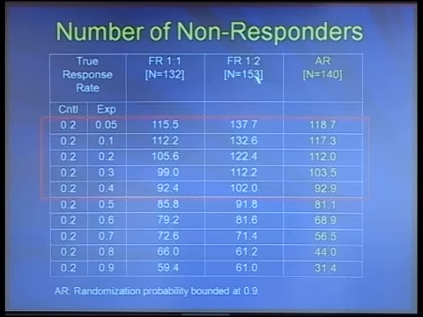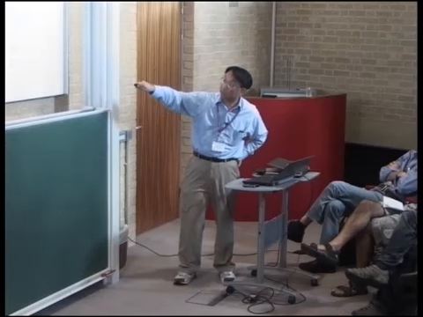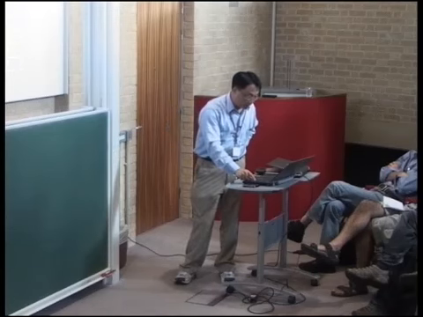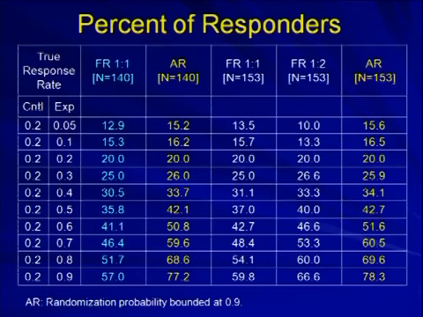The numbers were chosen such that they have the same power to test the alternative hypothesis of P1, P2 equal to 0.1, 0.2, and 0.4. But if you force the trial to have 140 patients, it means that for one-to-one randomization, for the remaining 8, you give them whatever better treatment at the end of 130.